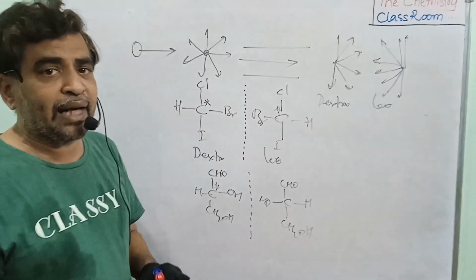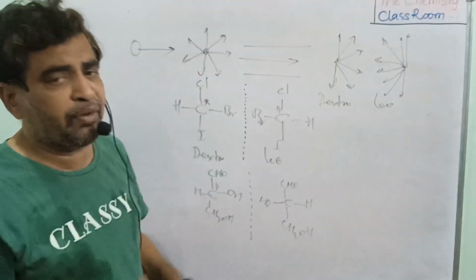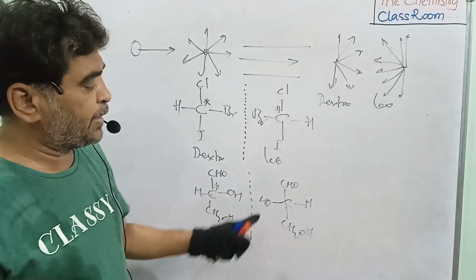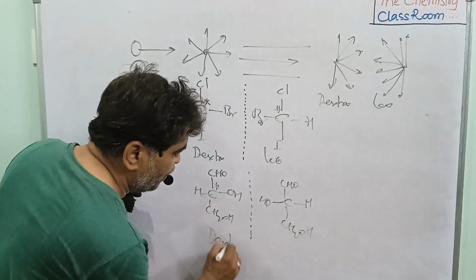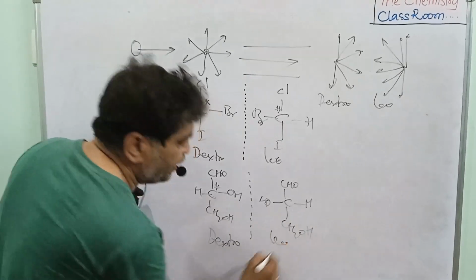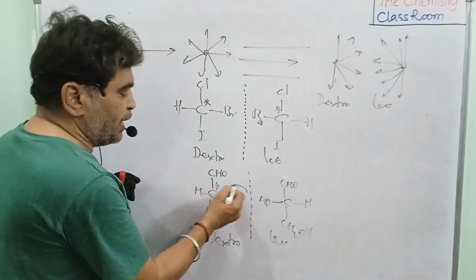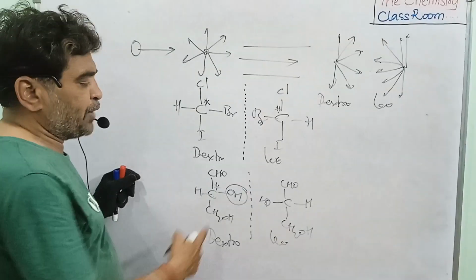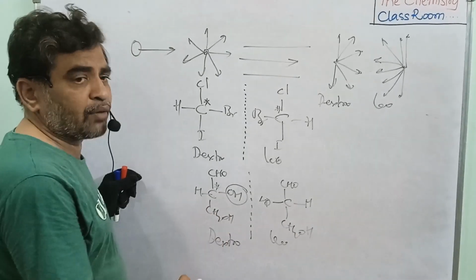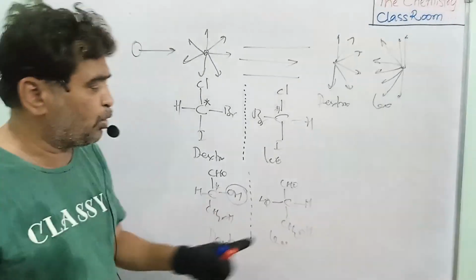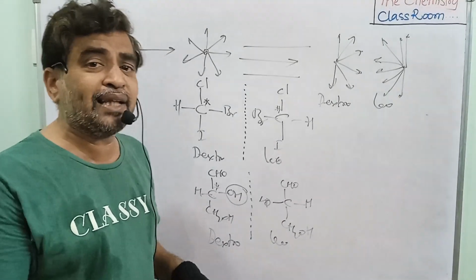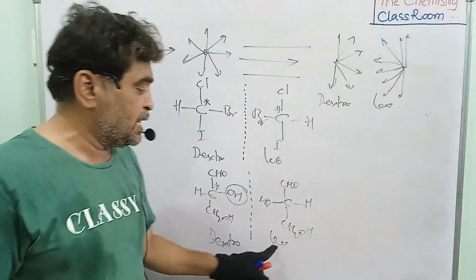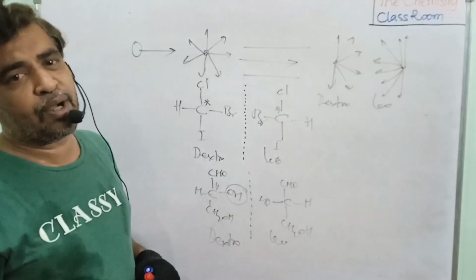One will rotate the light clockwise, and the other will rotate the light anti-clockwise. One compound we call dextro and the other compound we call levo. The one having the OH group on the right side will rotate the light clockwise. That compound is called dextro. If the OH group is on the left side, the compound will rotate the light anti-clockwise. That compound is called the levo compound.